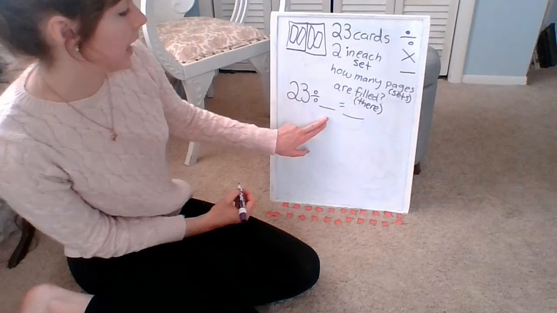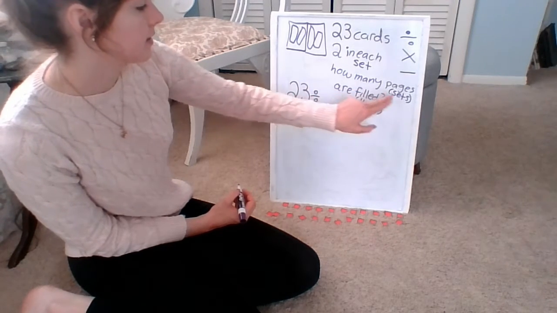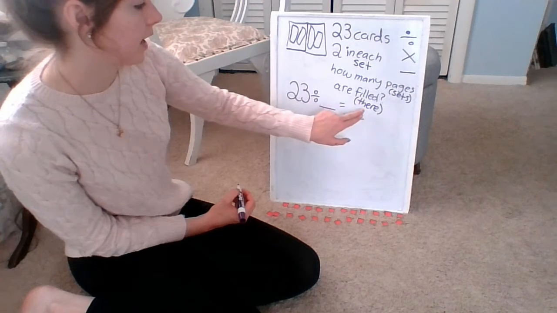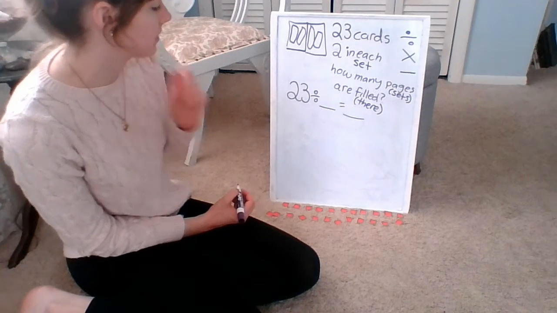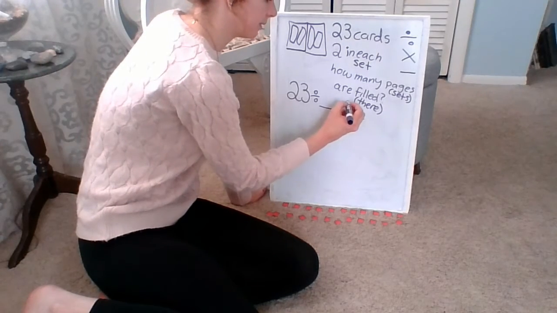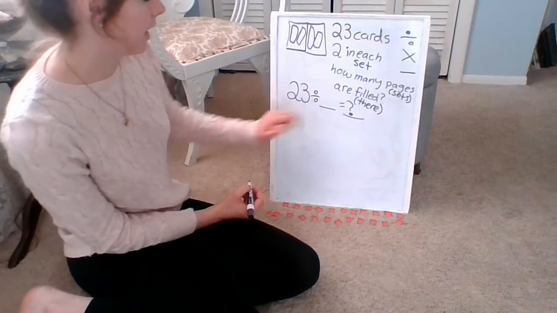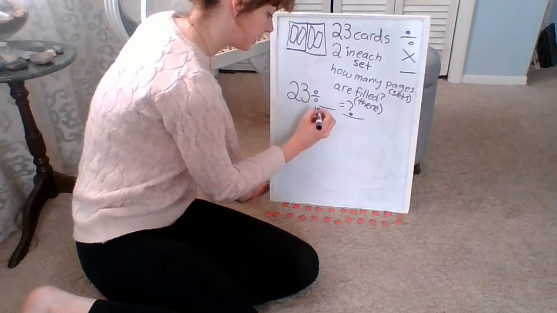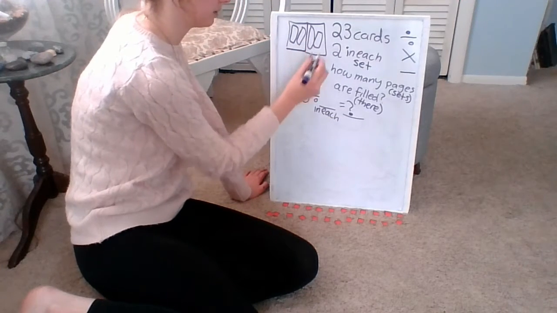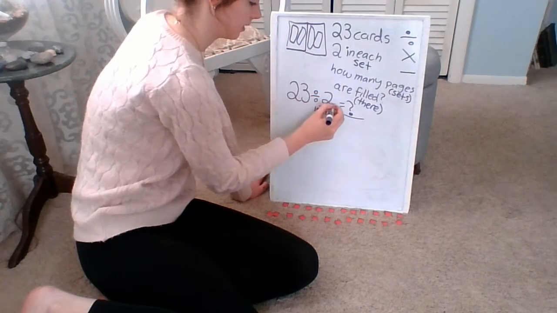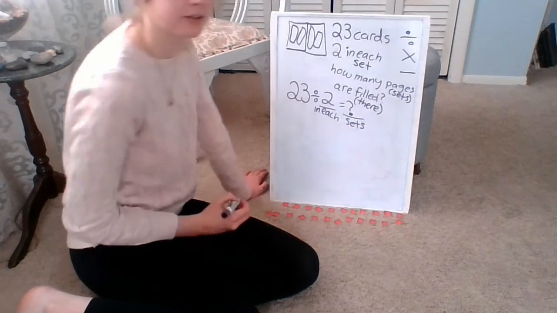Do we know how many sets are filled? No, we don't know how many sets. So we put the sets we need to figure out at the end of our equation, and we do know how many in each: 2. Remember, there can be 2 cards in each set, but we don't know how many pages are filled.